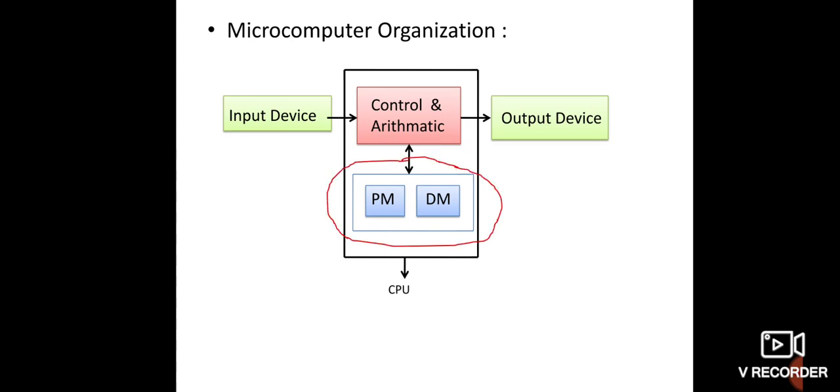PM means program memory, and these are input devices. Input device means binary input 0 and 1. DM means data memory. Means in program memory we store the actual instructions, and in data memory we store the data.